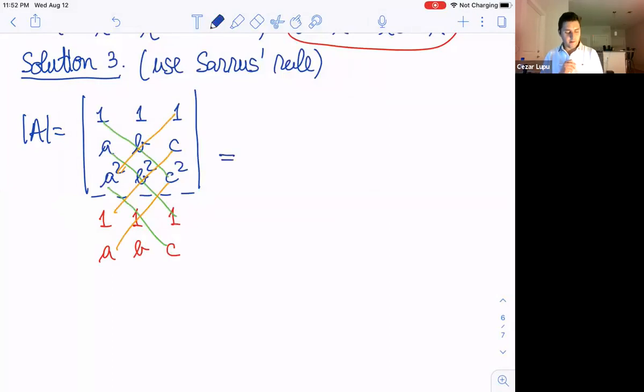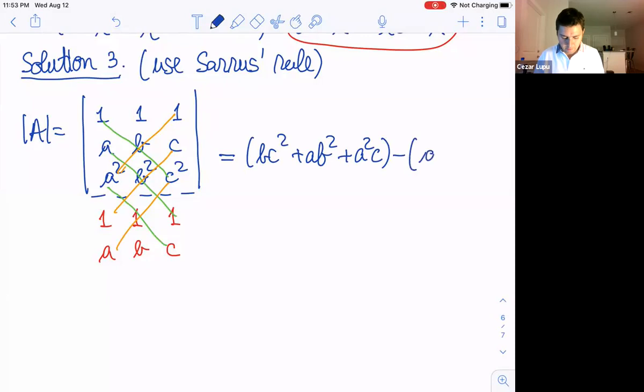Right, let's write all this mess here. We'll have BC squared plus AB squared plus A squared C minus A squared B plus B squared C plus AC squared.